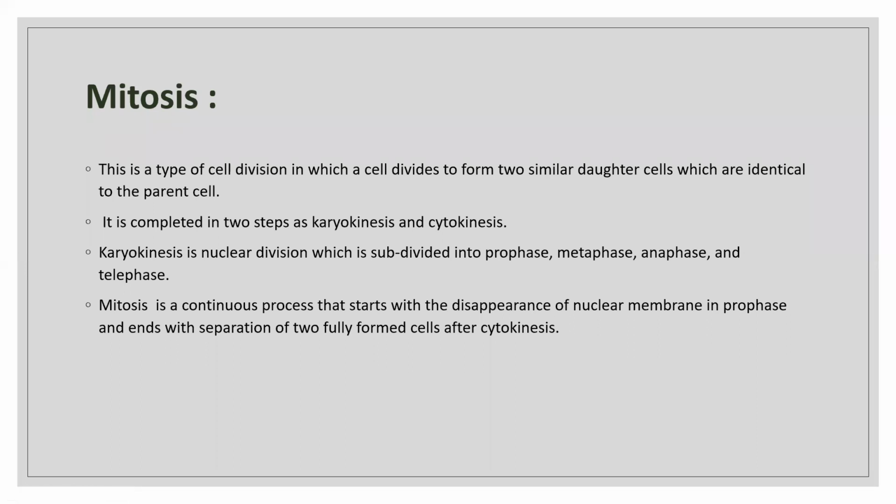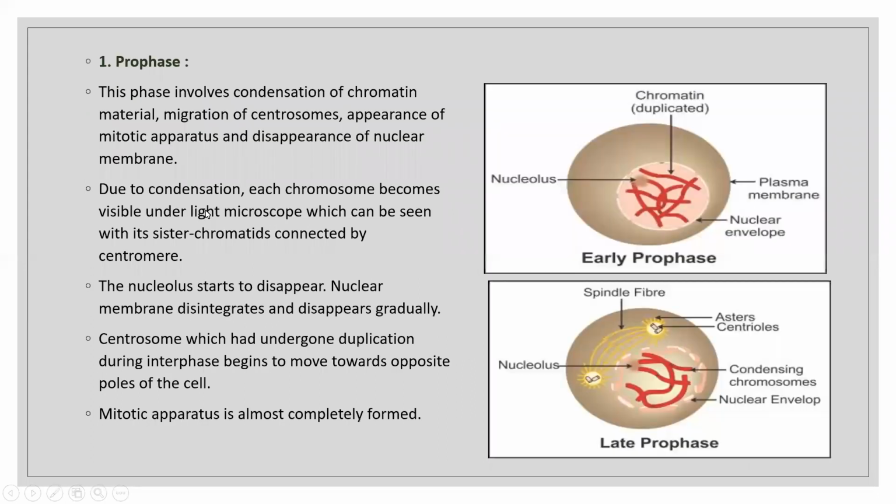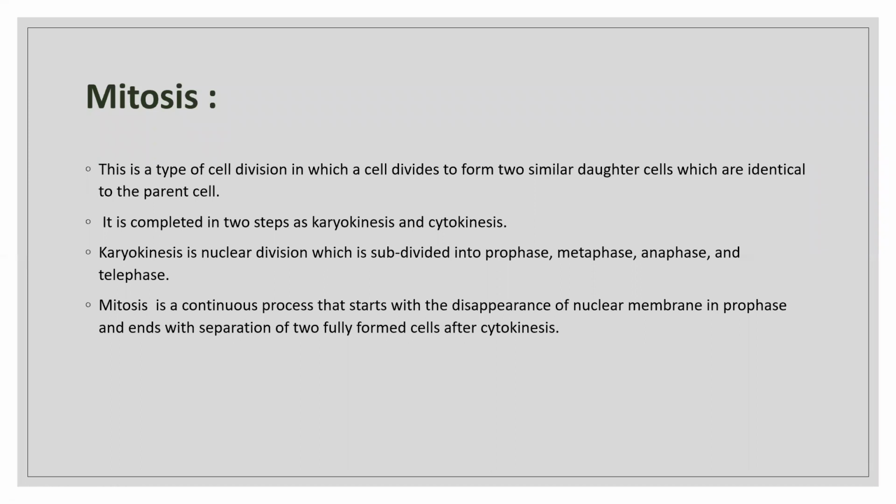Now when we see mitosis, it is a type of cell division in which a cell divides to form two similar daughter cells, which are identical to the parent cell. As we know, a single cell is formed initially, and that single cell later divides.